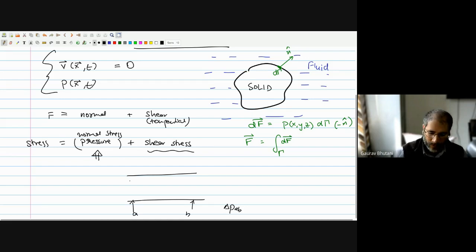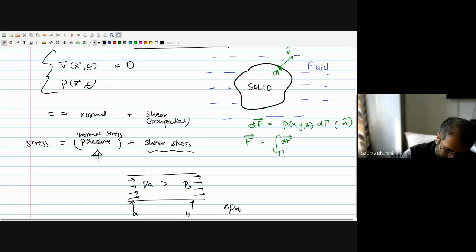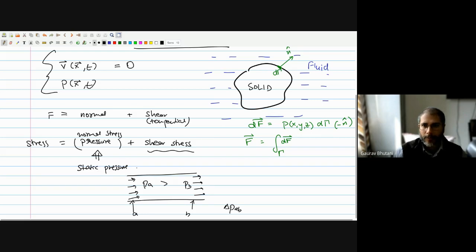In fact, the moving fluid at this point will have higher pressure than the moving fluid across this cross section. So pressure, or we also call it static pressure, is also there in moving fluids.